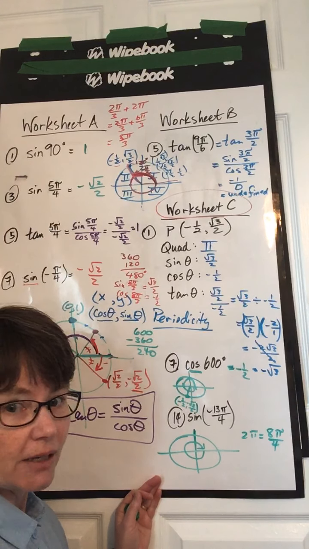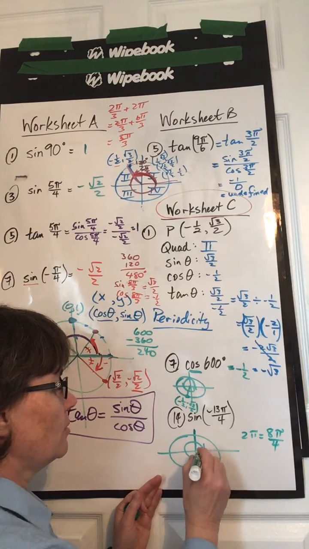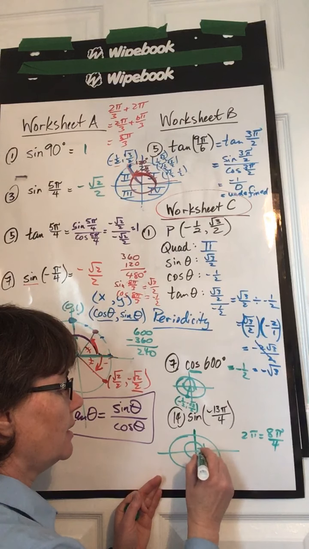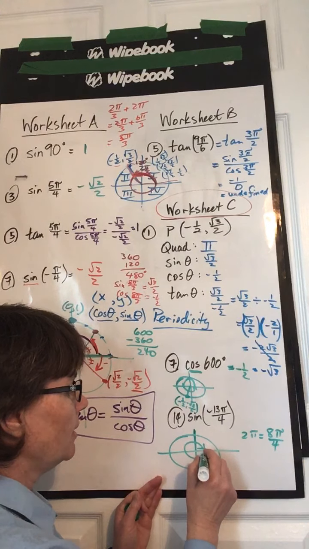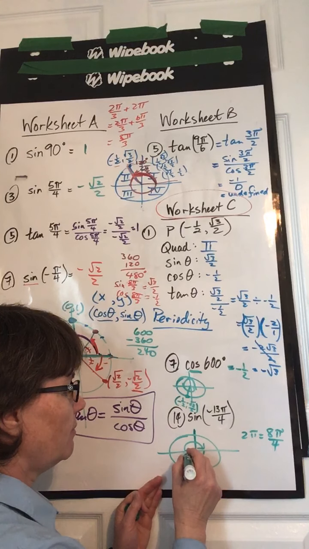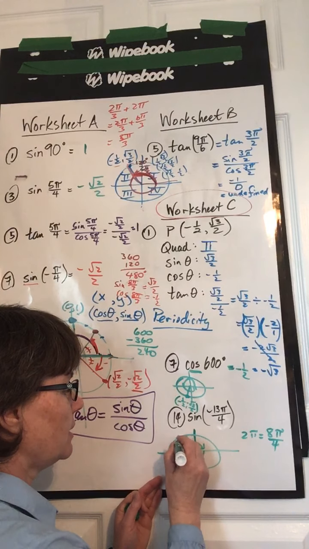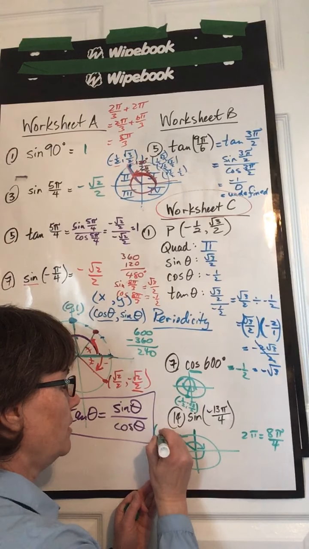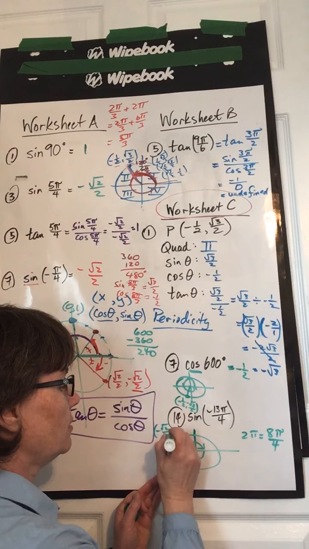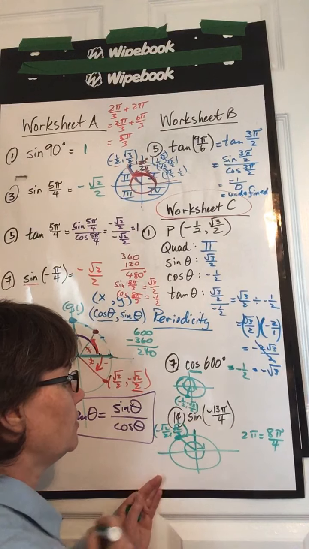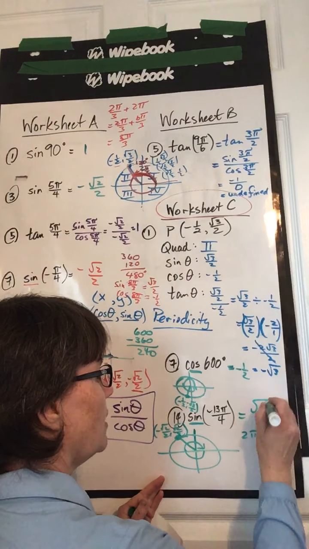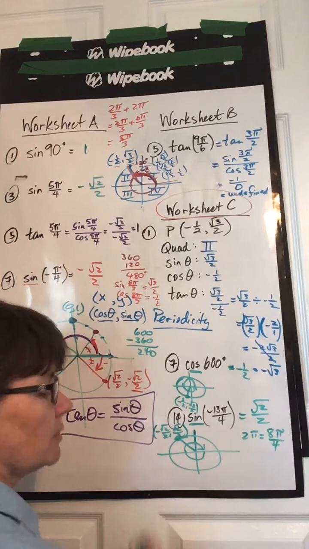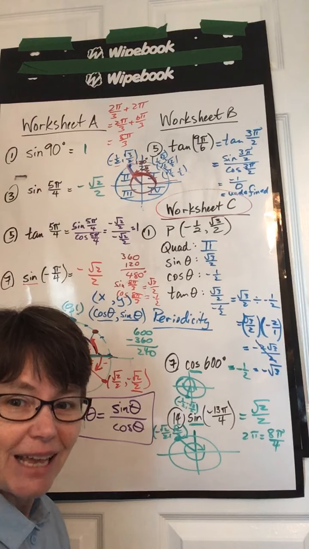Right, equivalent fractions, that's true. So we've gone 8 pi over 4, and we need 5 pi over 4 more. So this would be 4 pi over 4, 5, it would be up to here, where this place is (negative root 2 over 2, positive root 2 over 2). So the sine of negative 13 pi over 4 is positive root 2 over 2 from that point. Have fun with that, guys.